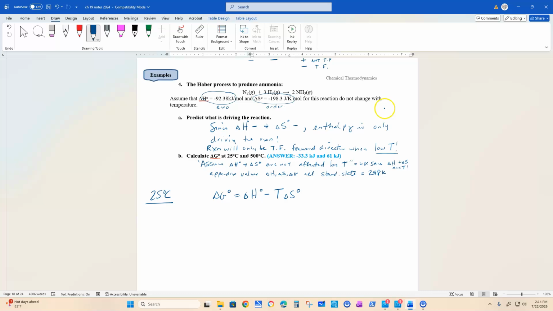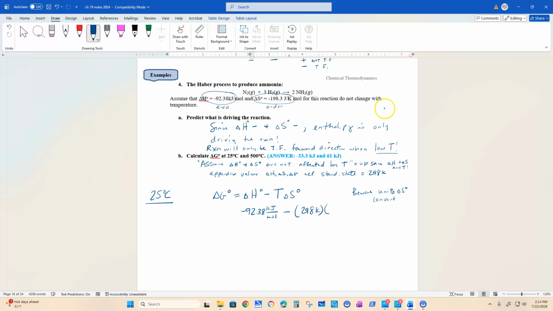So we have our H up here, negative 9238 kilojoules per mole. We know temperature is 298, because remember that's 25 degrees Celsius. Now remember, beware of the units for delta S. We have to convert them.